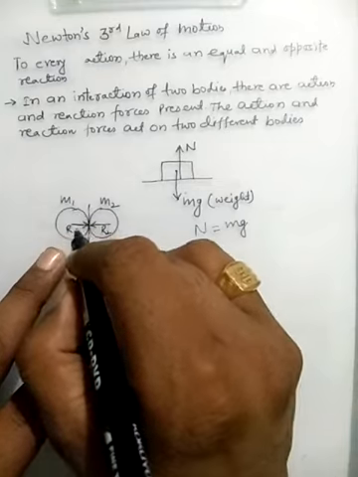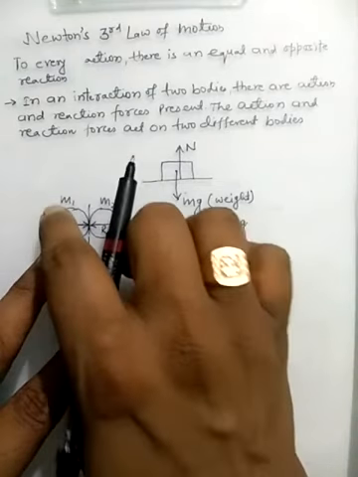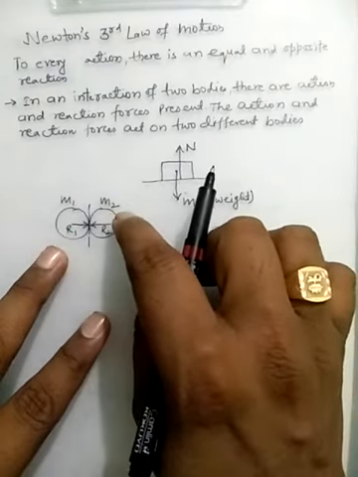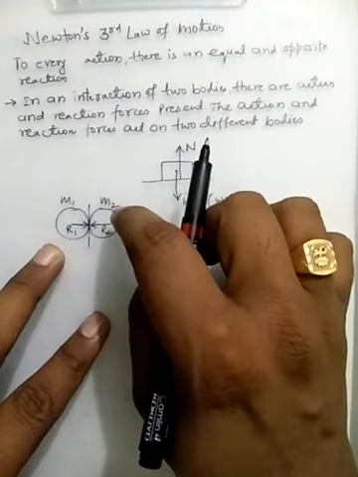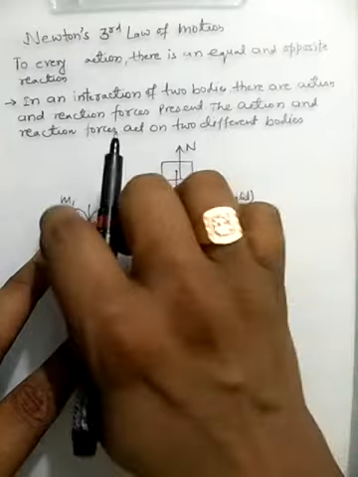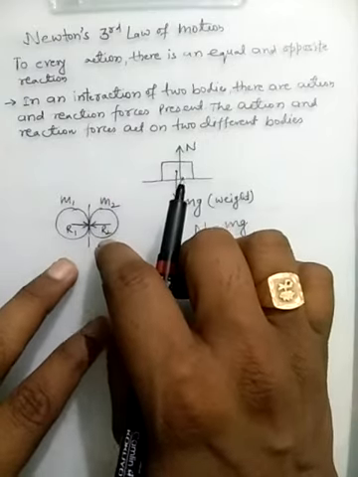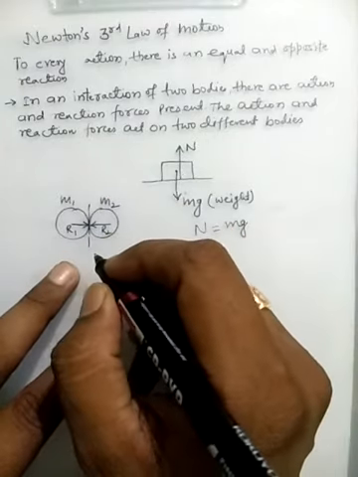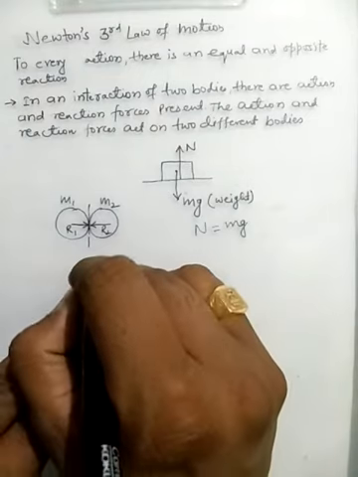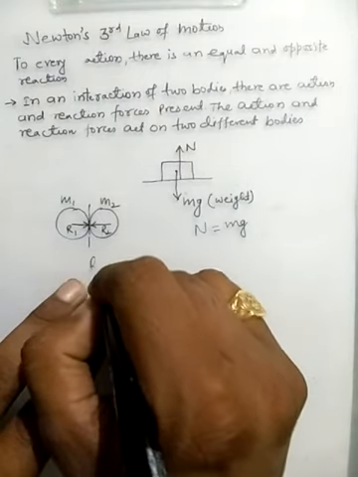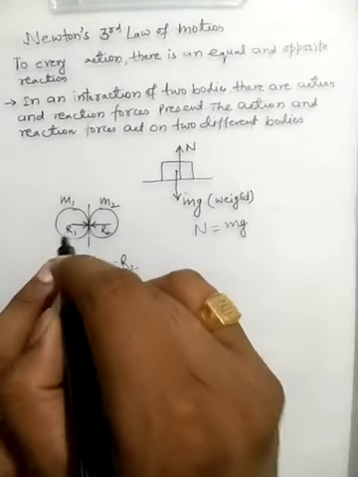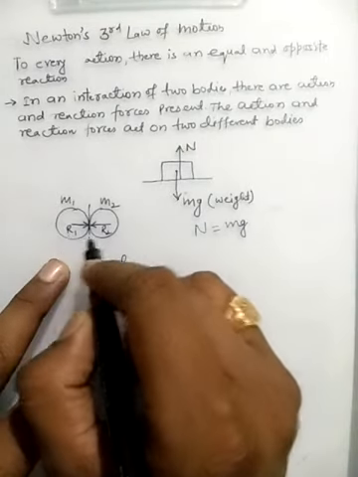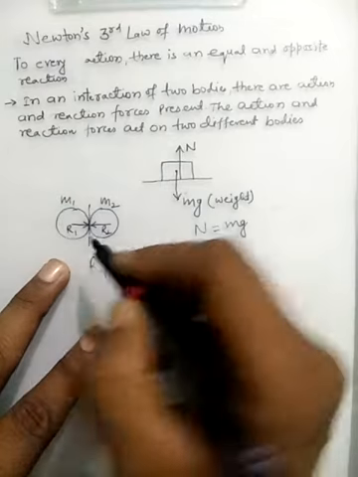The reaction force by m1 on m2 is represented as r1, and by m2 on m1 is represented by r2. And for equilibrium condition or rest condition, r1 is equal to r2. Here if r1 is action, then r2 will be reaction.